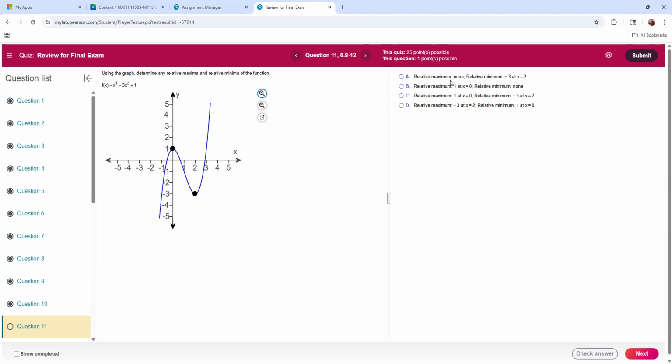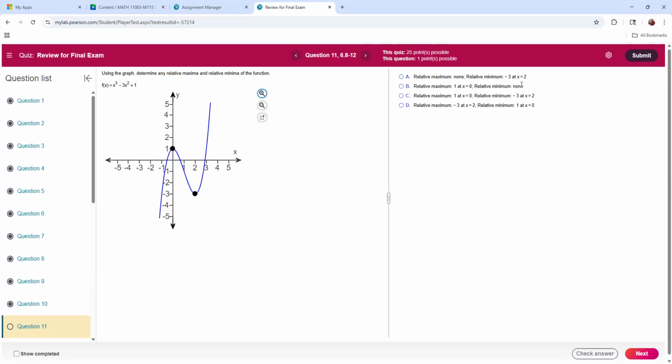So let's see on our answers. A is wrong. It's either B or C, right? Relative maximum of 1 at x equals 0. Both of them got that right. So now we got to look at the valley here and see what the minimum is. That's a minimum of -3 on the y value at x equals 2.